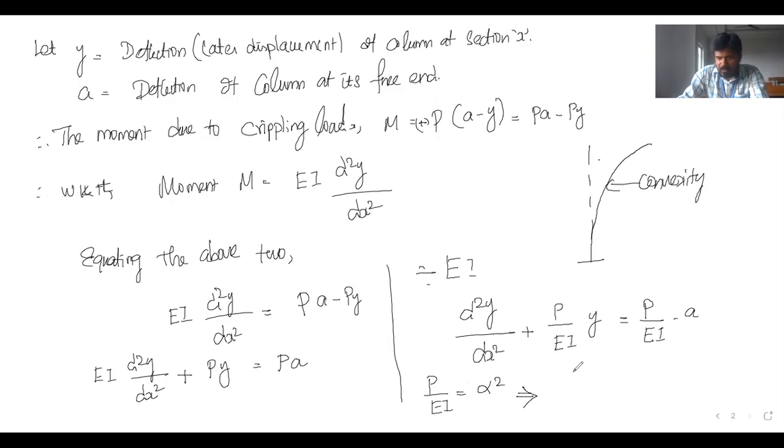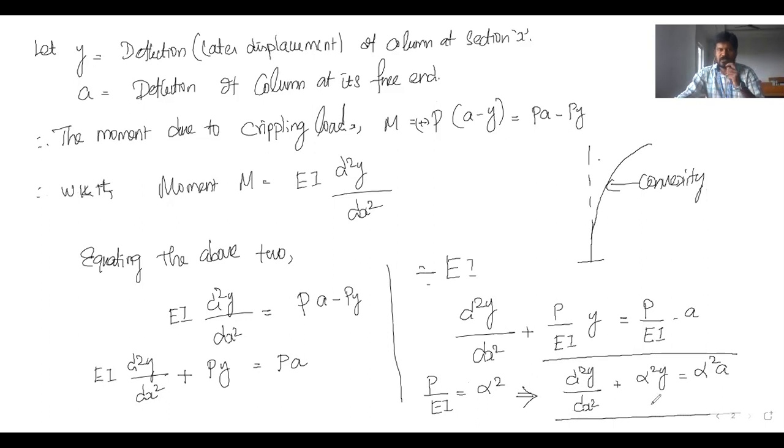Then the equation will be in the form of d squared y by dx squared plus alpha squared y is equal to alpha squared A. So the equation will be in the form of like this.